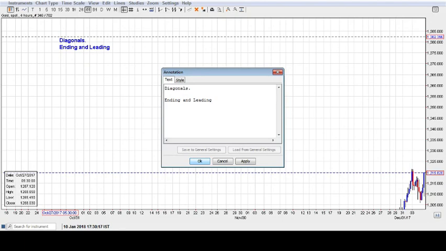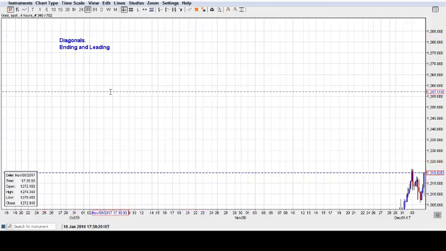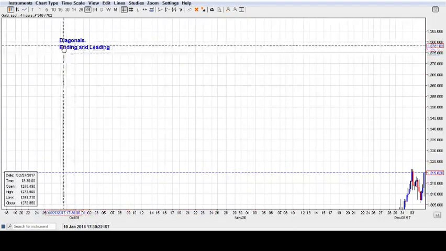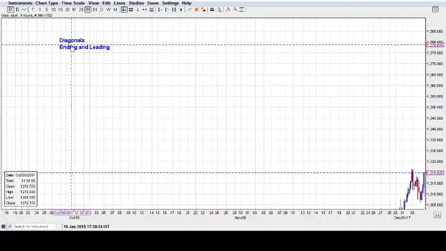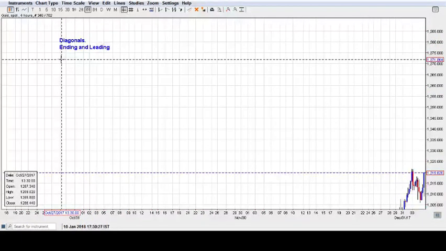As the name suggests, the ending diagonals normally appear when a particular trend is expected to collapse or end.